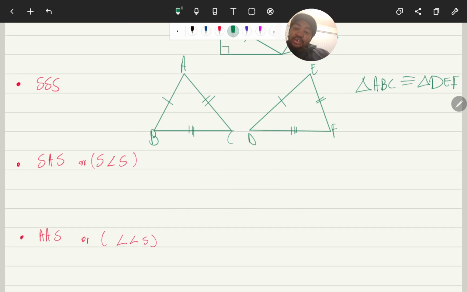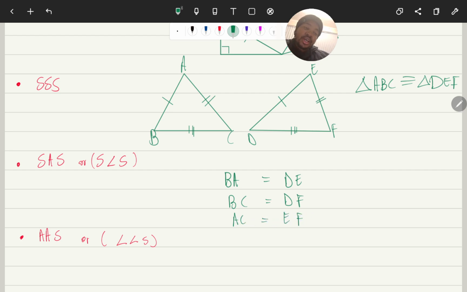Say we are doing the side side side, né? I would say BA equals DE. Then I would say BC equals DF. Then I would say AC equals EF.